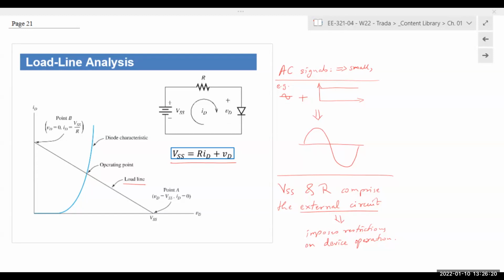So again, that load line, depending on the values of VSS and R, can be anywhere, right? The line could be here, or the line could be here. It could go like this. It could also go like this, right?